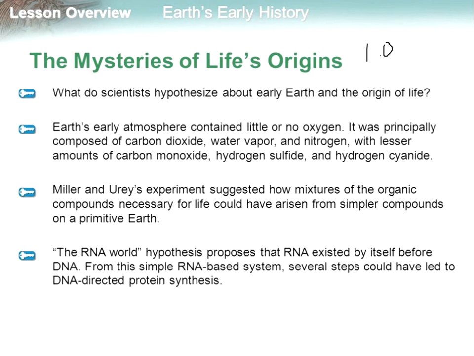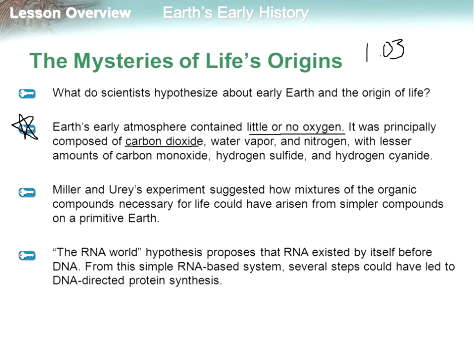The last lesson is 1.03. And like I said, you need to be able to talk about how Earth was like when the first organic molecule came about on Earth. And that kind of deals with this statement here. First of all, there was little or no oxygen, mostly carbon dioxide.